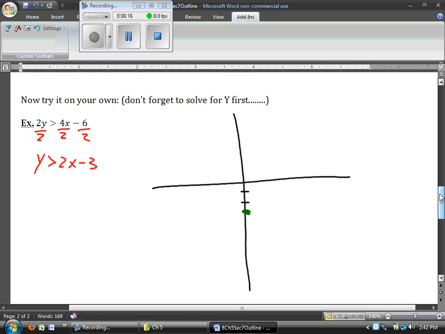Put our dot. Our slope is 2, so that means we're going to go up 2 over 1. Up 1, 2 over 1, and we're there. Now we have to check solid or dotted line. It's strictly greater than, so we know it's a dotted line.